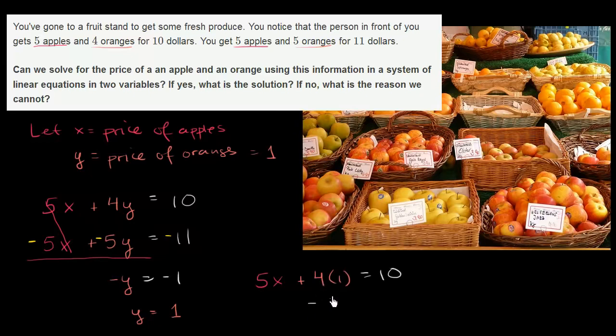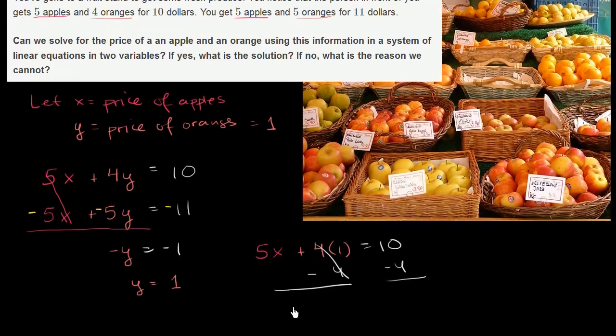Let's subtract 4 from both sides. 4 times 1 minus 4 just cancels out, so we're left with 5X on the left-hand side. And on the right-hand side, we have 10 minus 4, which is equal to 6.